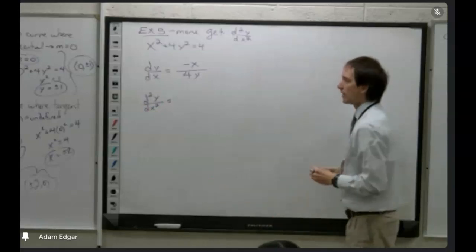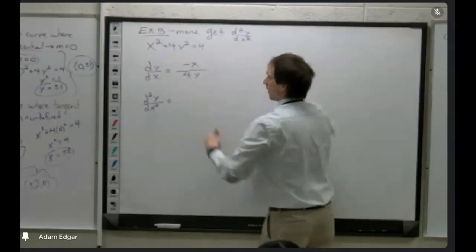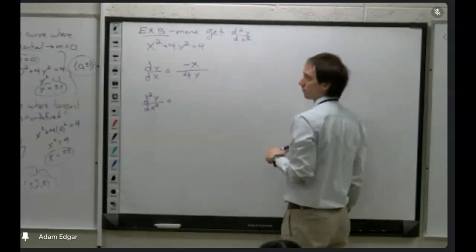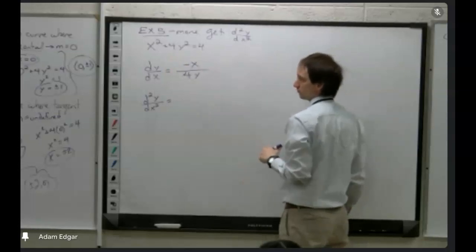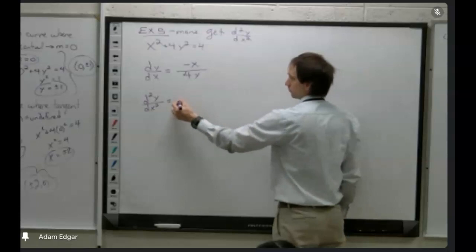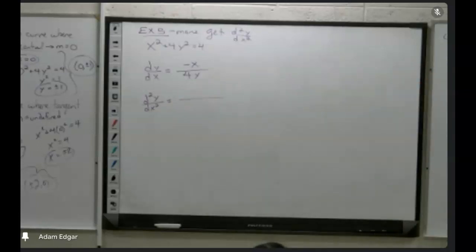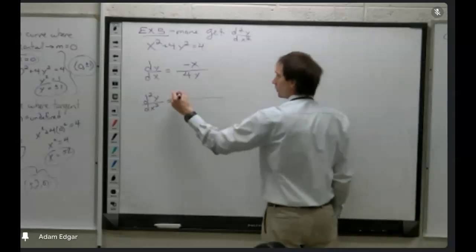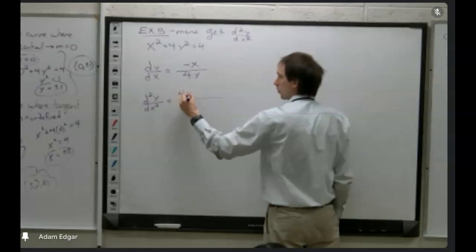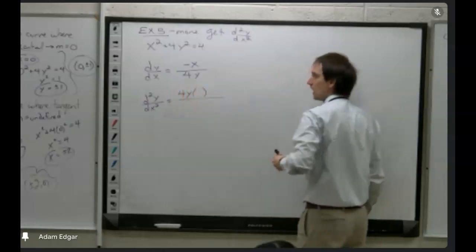And then you come over here, and what rule do we have to use to differentiate negative x over 4y? The quotient rule, because it's a quotient. So you look at this, hey, it's a fraction. Hooray, quotient rule time. So low d high is what?